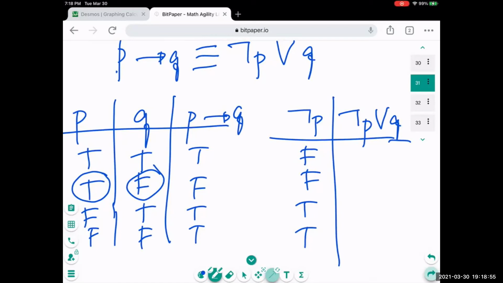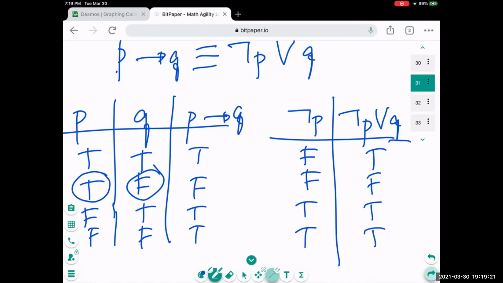So, false or true is true, false or false is false, true or true is true, and true or false is still true.